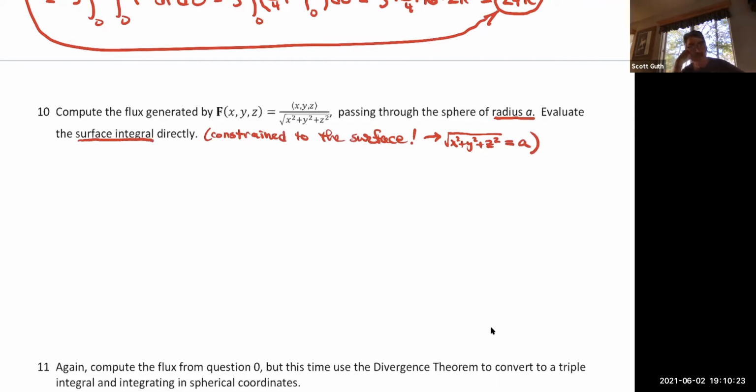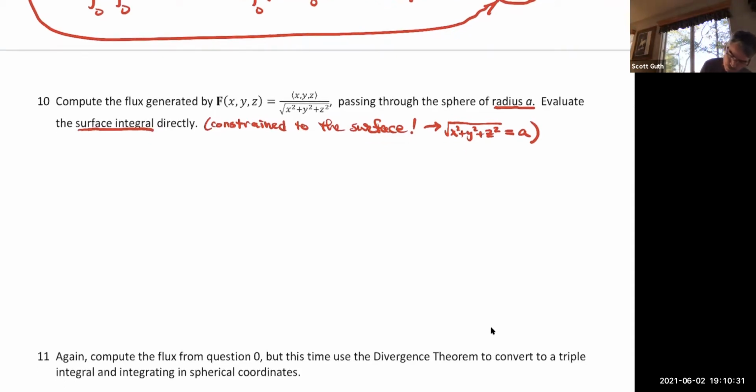Any questions about that? Also, on a sphere, what we have is that dS, and I don't know if I should rub this in your face or not.